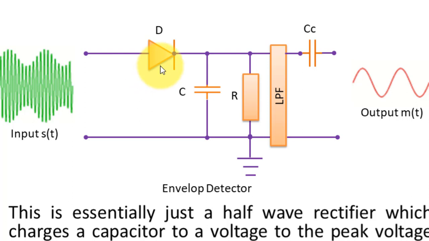The diode will conduct when the amplitude of the modulated waveform is greater than 0.7, or ideally greater than 0. For the positive half cycles of the envelope, our diode conducts, and when it conducts, the capacitor charges up to that potential.